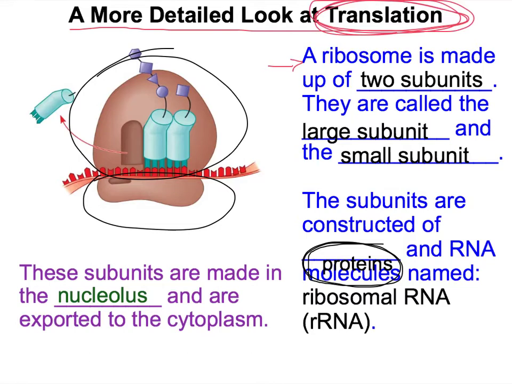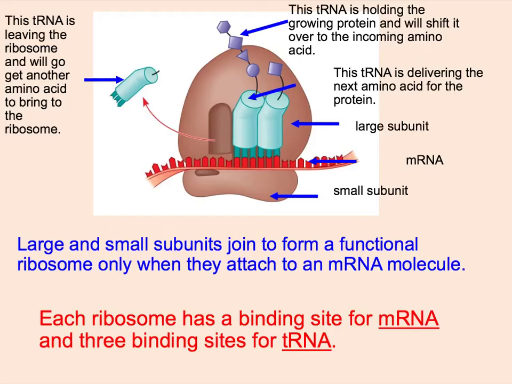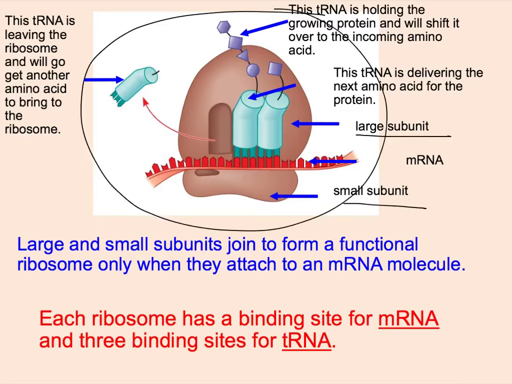Ribosomes are made in the nucleolus. We learned that in chapter 7. And so the ribosomes themselves are made in the nucleolus, then they go to the cytoplasm where they wait for the RNA to tell them what to do. Okay, so in this picture, everything's pointed out to you. We have the large subunit and the small subunit. This whole thing all together is our messenger RNA. And you see this transfer RNA right here is holding the growing protein.